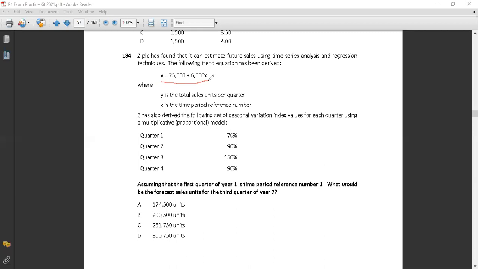They have also derived the following set of seasonal variation index values for each quarter using a multiplicative proportional model. Then we have quarter 1, 2, 3, and 4. Some percentages are mentioned. Assuming that the first quarter of year 1 is time period reference number 1, what would be the forecast sales units for the third quarter of year 7? Let's take the question to the Excel sheet.